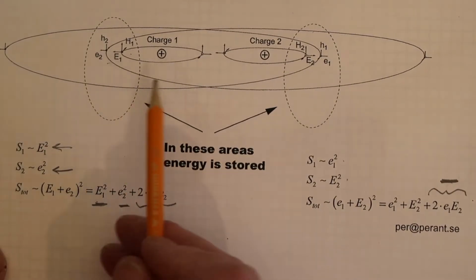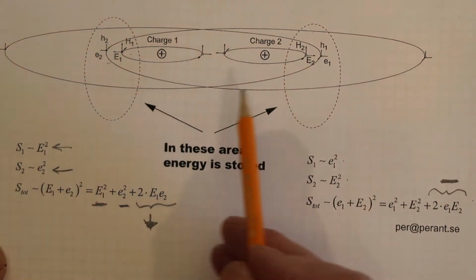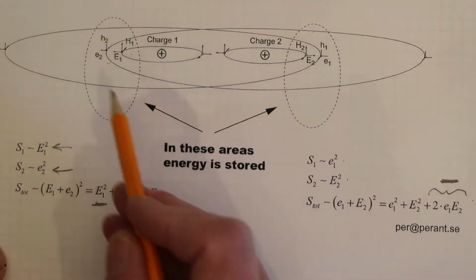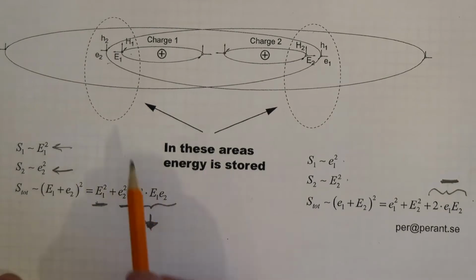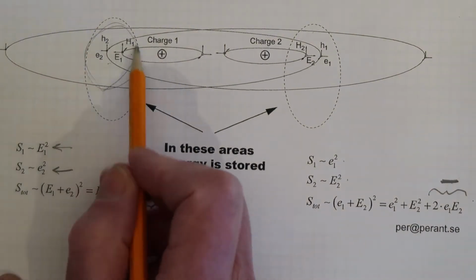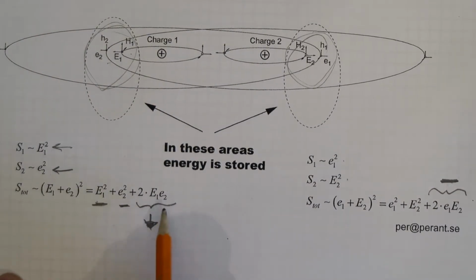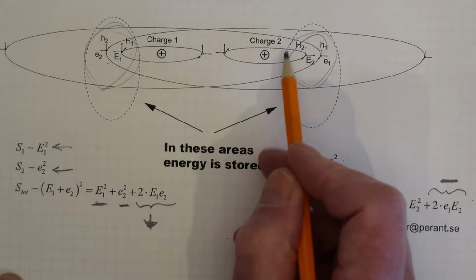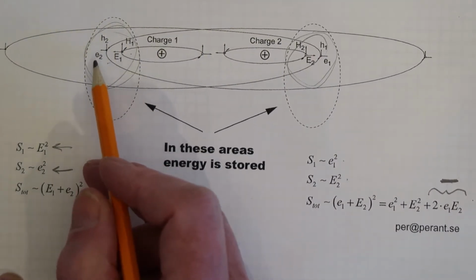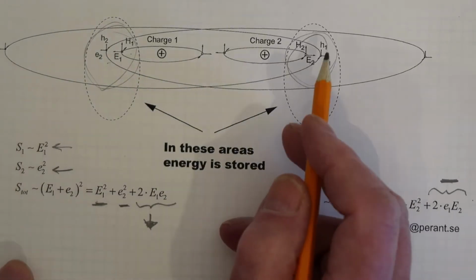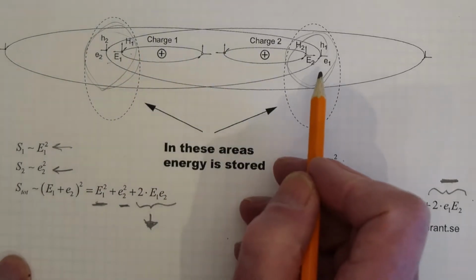In this picture of the charges, the positive charges and the radiations encircling the charges, I say that in this area and in this area, more energy per volume is in these areas compared to what is coming into the areas.